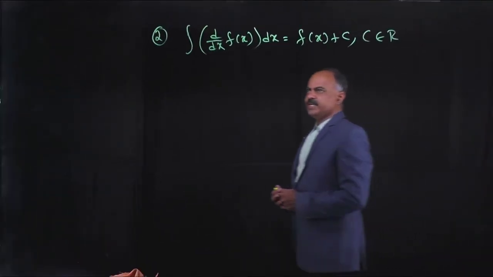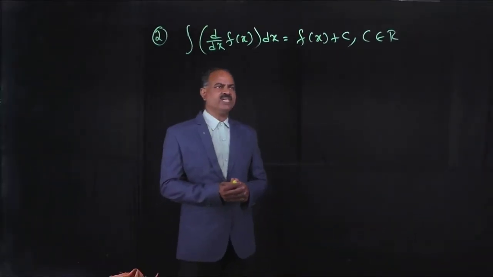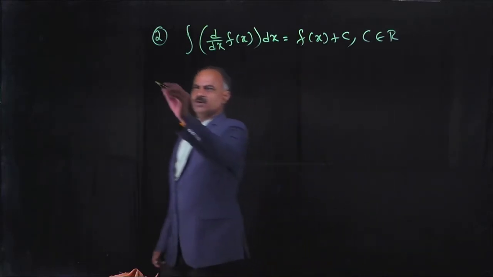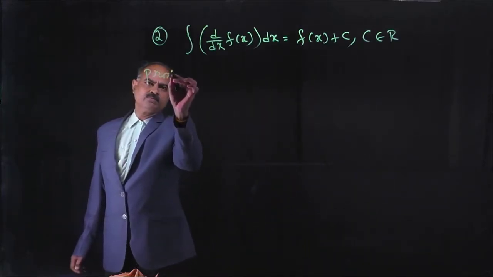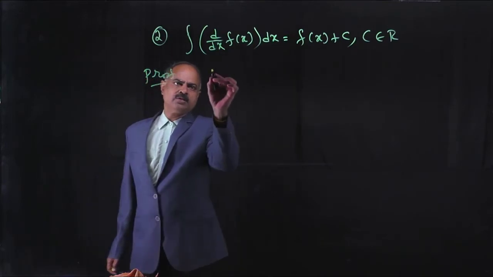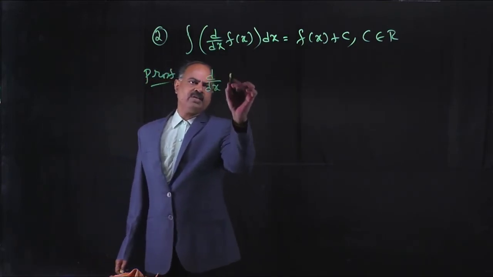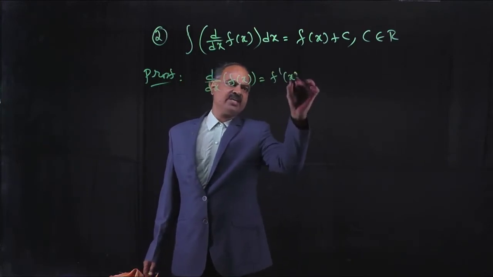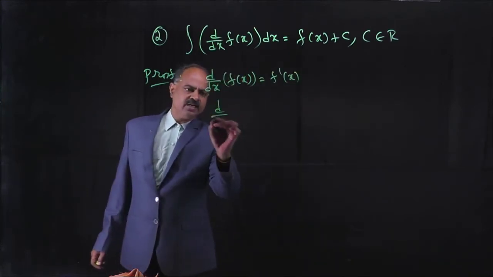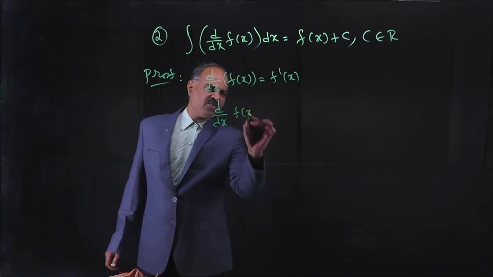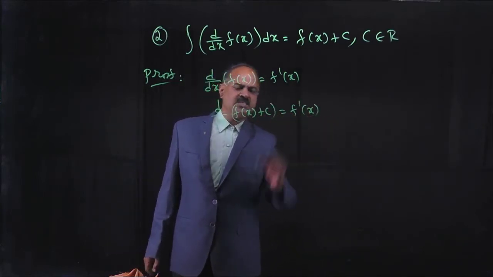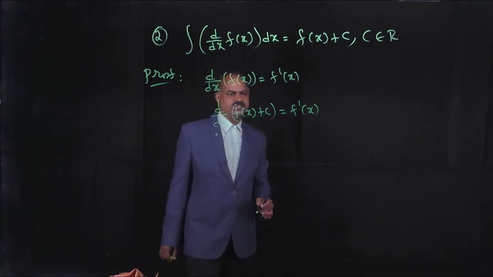Next, integral d by dx of f of x dx equal to f of x plus c, c belongs to R. Proof. We know that d by dx of f of x equal to f dash of x. Here d by dx of f of x plus c is also equal to f dash of x, since the derivative of constant is 0.